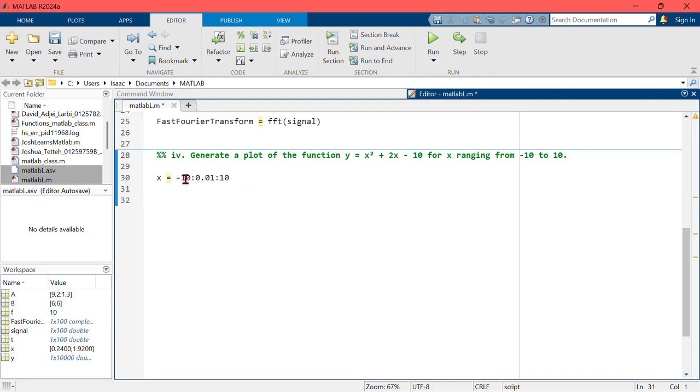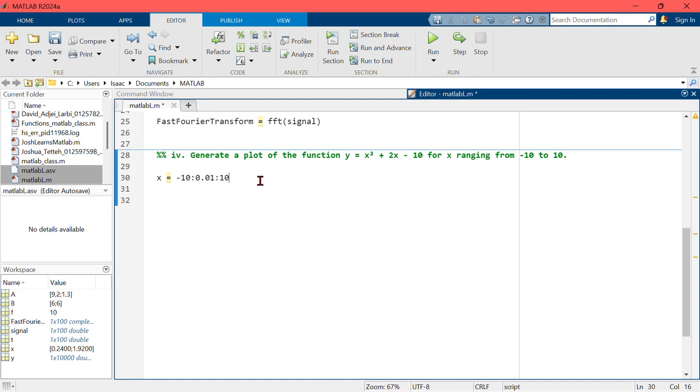So think of this as we are starting from here and ending here, but the interval between these two is by this much. It starts from negative 10, then plus this value till it reaches 10.